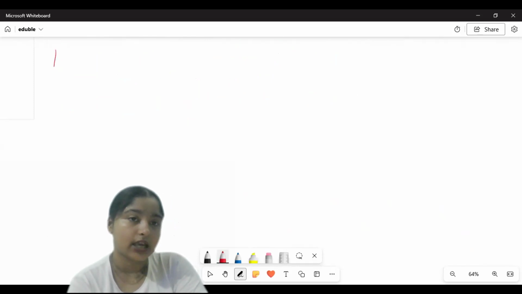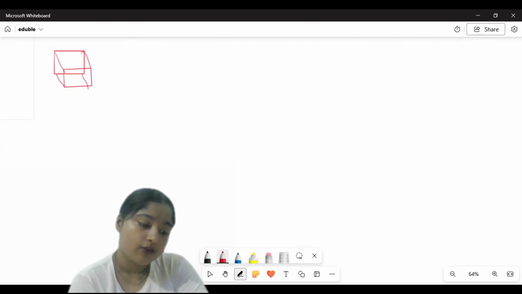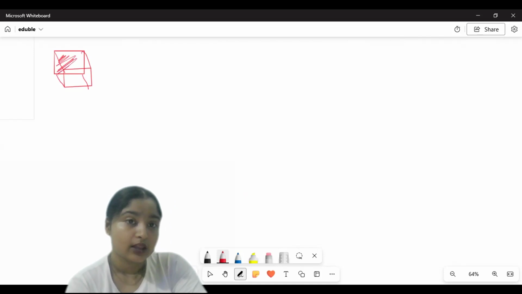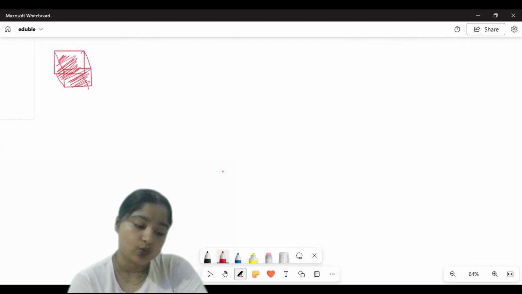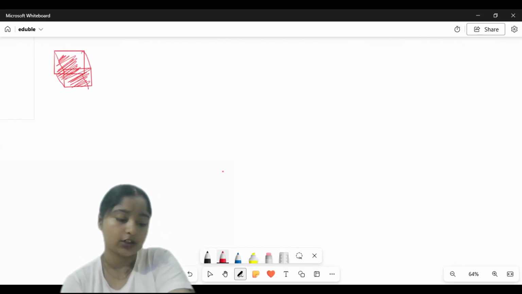You see the cage-like structure of ice, it looks something like this. It's basically kind of a cube, right? So the cube-like structure of ice helps to make vacant space, and that is why it can float on water.